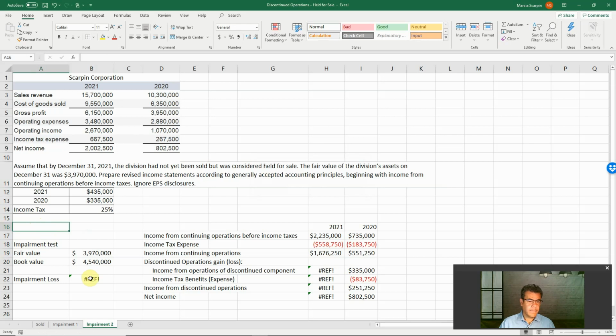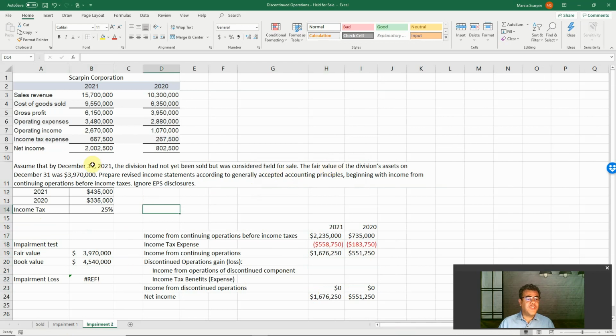Let's delete it. So here, the income and income from continuing operation is exactly the same. So we will keep it. We will only change it here.